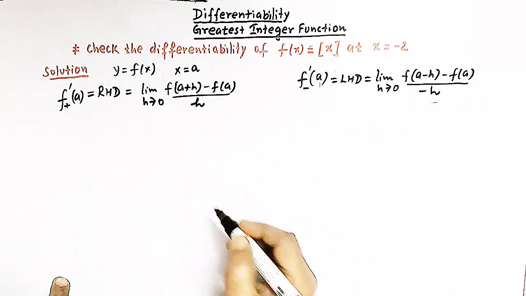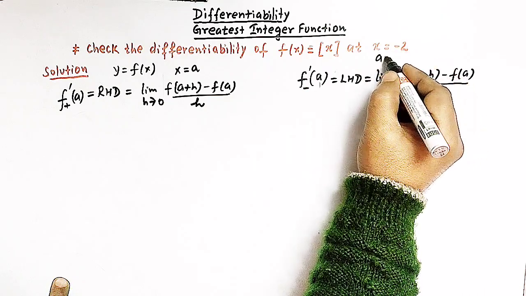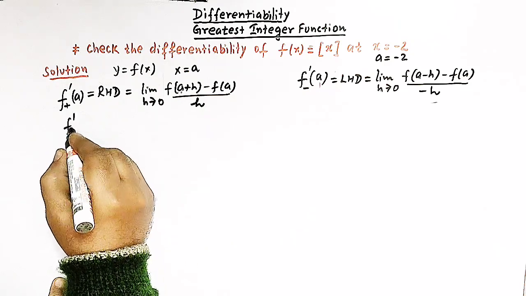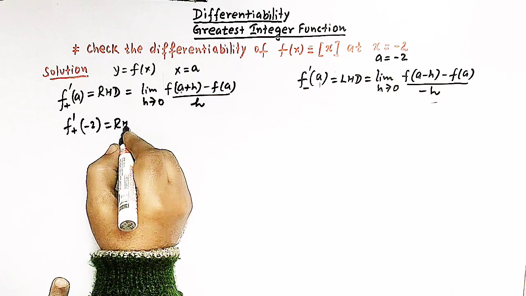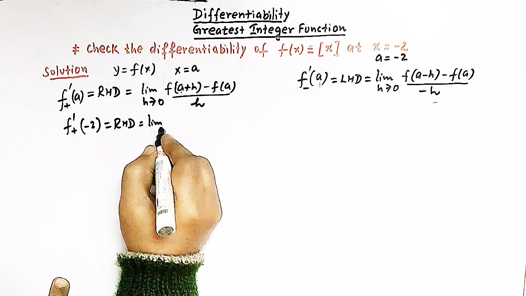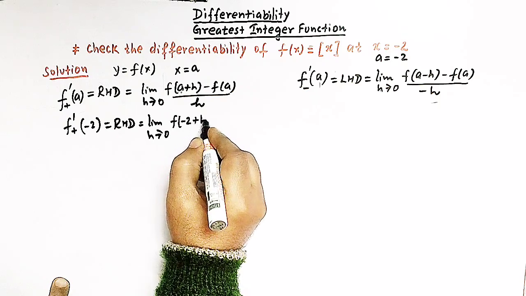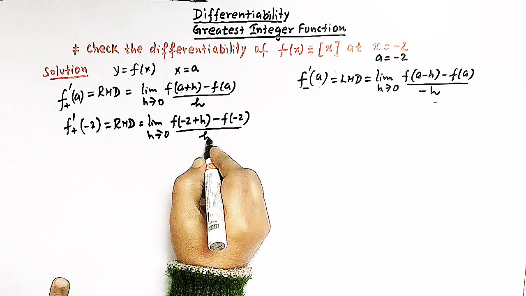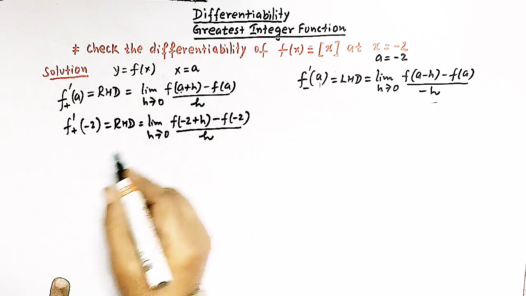First we'll find out the right hand derivative at this point. Here our point a is minus 2. So we have f prime of minus 2, and we can write limit h tends to 0 of f of minus 2 plus h minus f of minus 2, divided by h, where h is infinitesimally small, lying between 0 and 1.